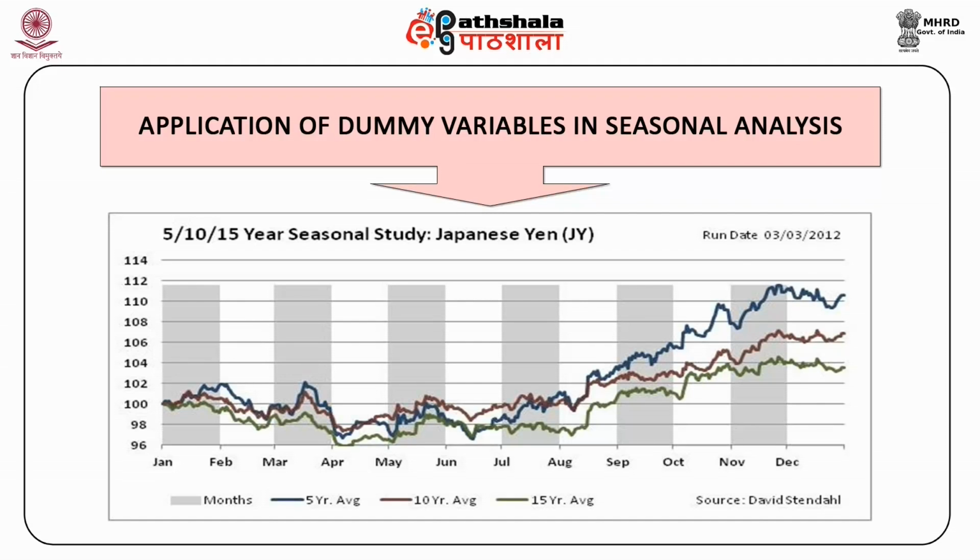Deseasonalization or seasonal adjustment is the process of removing the seasonal component from a time series, and the time series thus obtained is called the deseasonalized or seasonally adjusted time series.